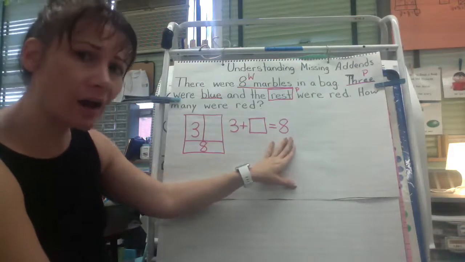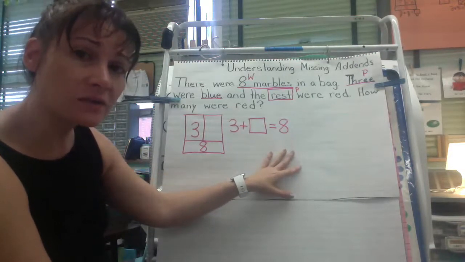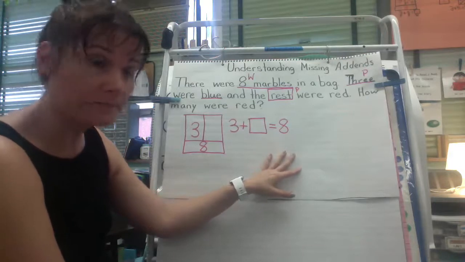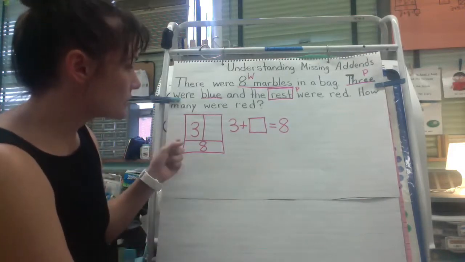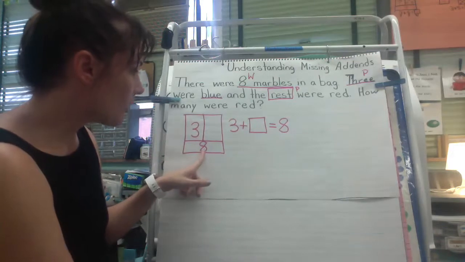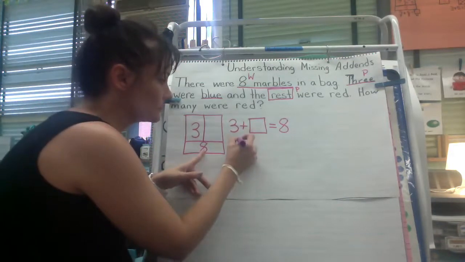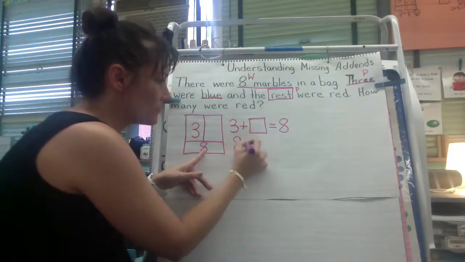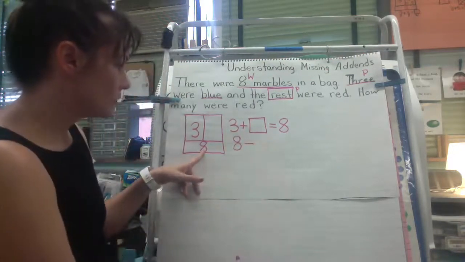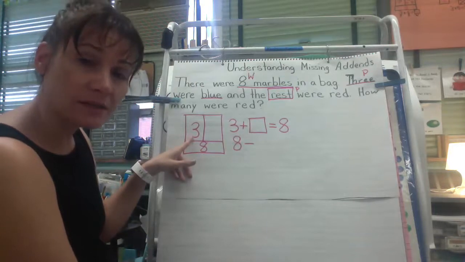But I also learned that I can use subtraction to help me as well. So we know in a subtraction problem that our whole goes first. So 8 minus. Well, the part that I know is 3.